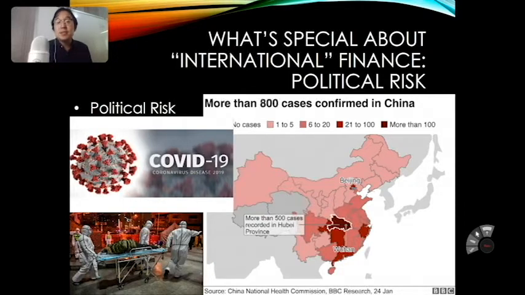It was devastating one whole province of China, the Hubei, right? A lot of people died and a lot of people got infected.